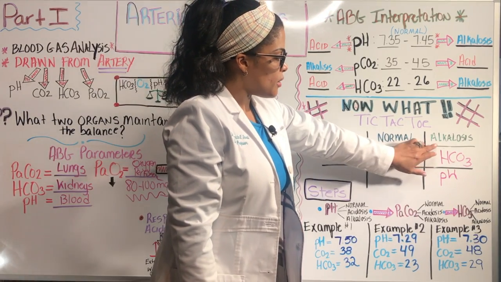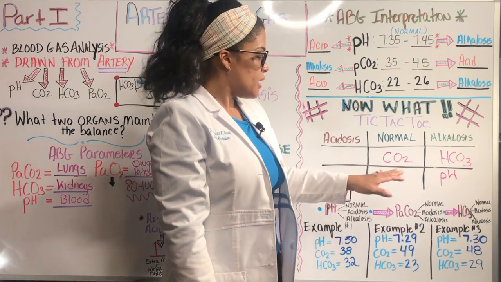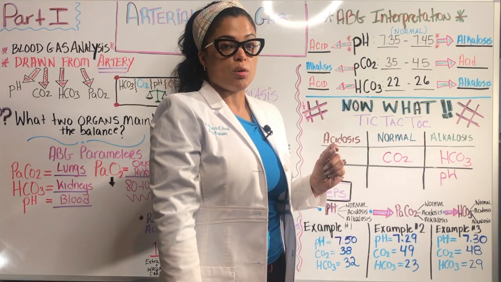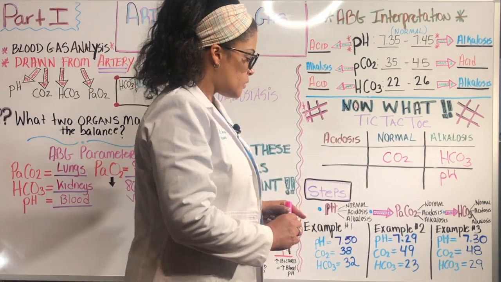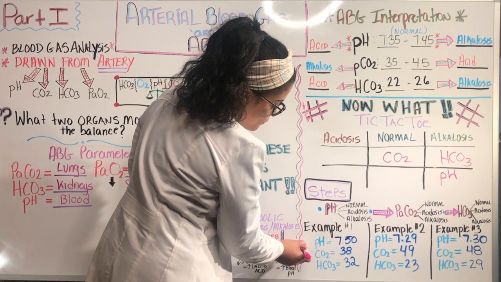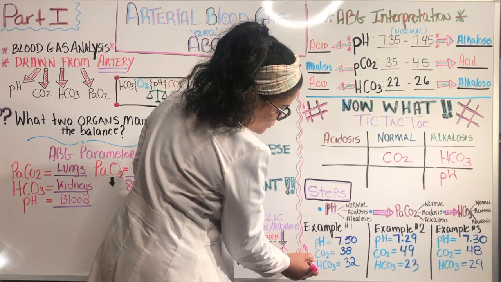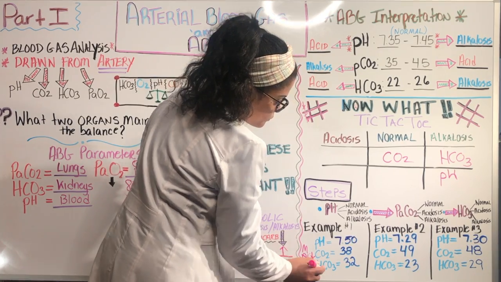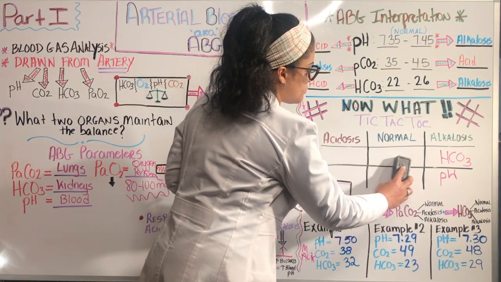So here we have metabolic alkalosis as our answer. And the CO2 is normal because the system that is working now is your kidneys. So the answer for example number 1 is metabolic alkalosis. Now we're going to do the following problem.